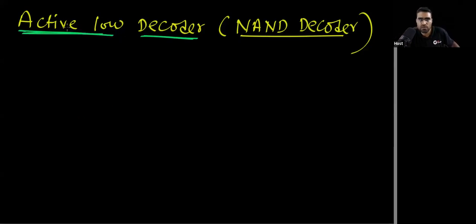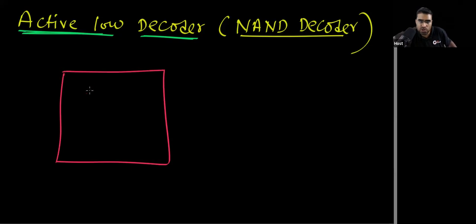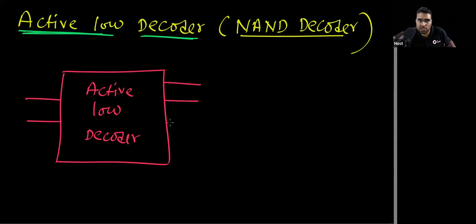The block diagram is something like this. Either you can simply say that it is an active low decoder, or you can explicitly show it. Let's assume this is a 2x4 decoder. So either you can do it like this.